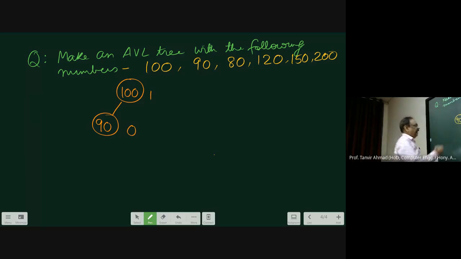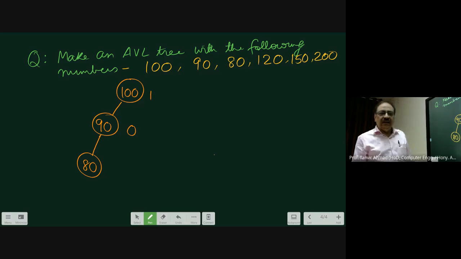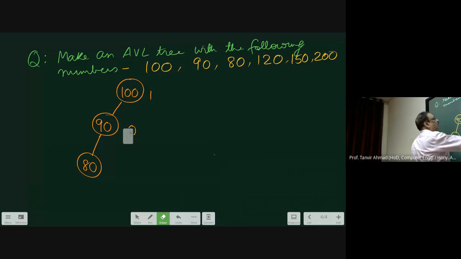Then I add 80. Once I attach 80, the balance factor will change. Of course, the balance factors will be 0, 1 and 2.